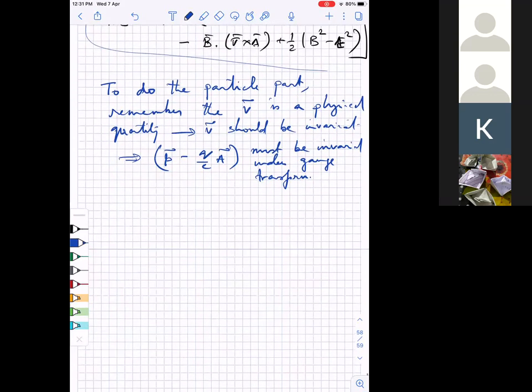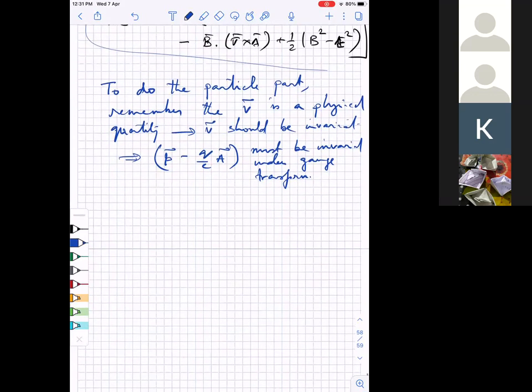So this implies, because I know how A is changing, that my P must under gauge transformation go as P plus q by c grad lambda.